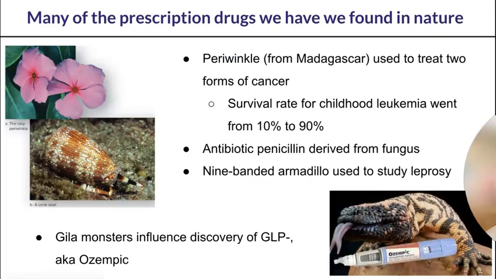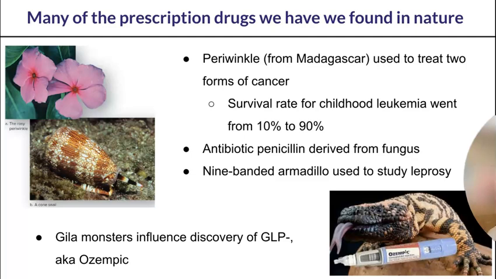So an example of why natural resources are important in our day-to-day life is looking at how it affects human health. An example of that would be the many different prescription drugs that we have actually found in nature. The first example I'm going to tell you about is the periwinkle. The periwinkle is actually a flower that's found in Madagascar, and it's used to treat 2 forms of cancer.